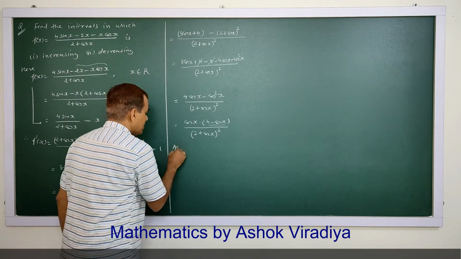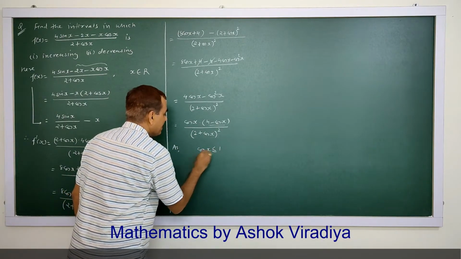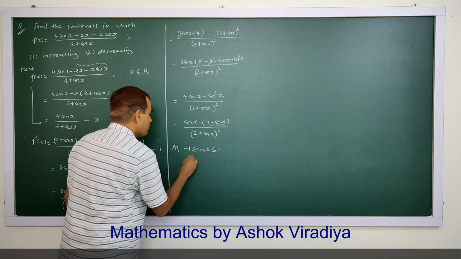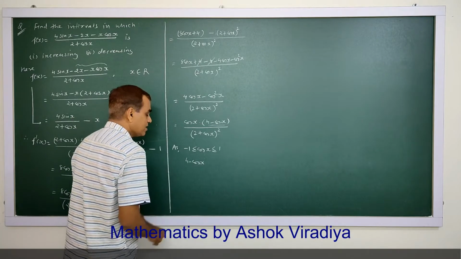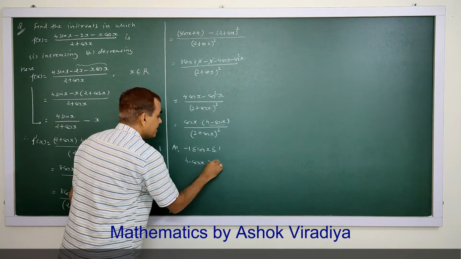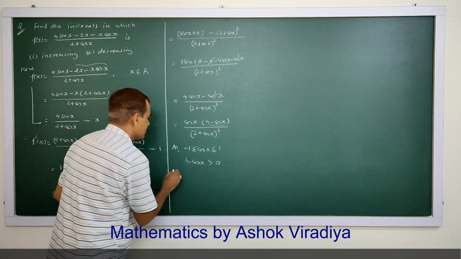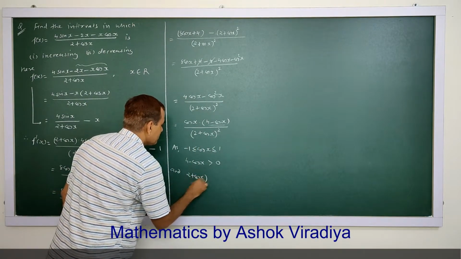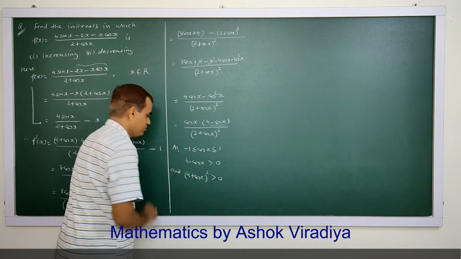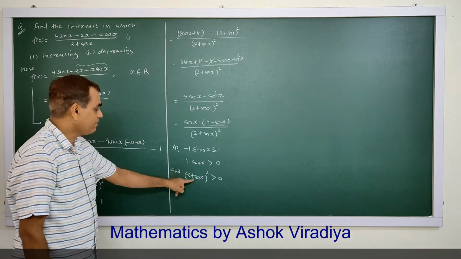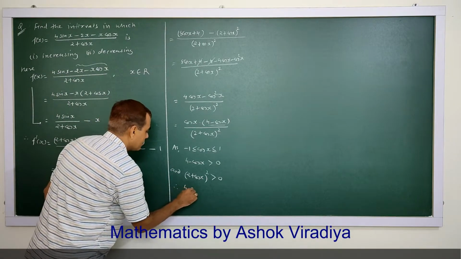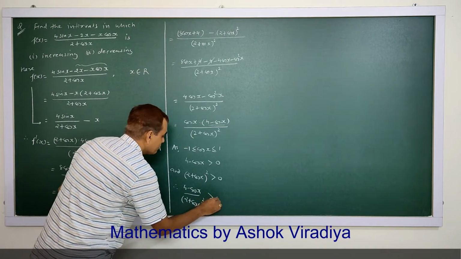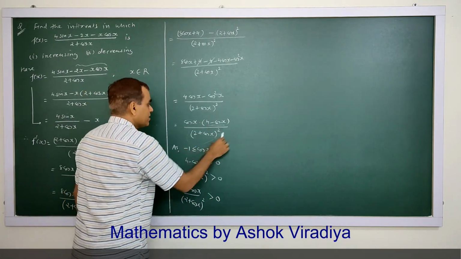So as cos x has value between 1 and minus 1, 4 minus cos x is always greater than 0, and this is obviously positive. So positive upon positive is positive. So this part is positive.